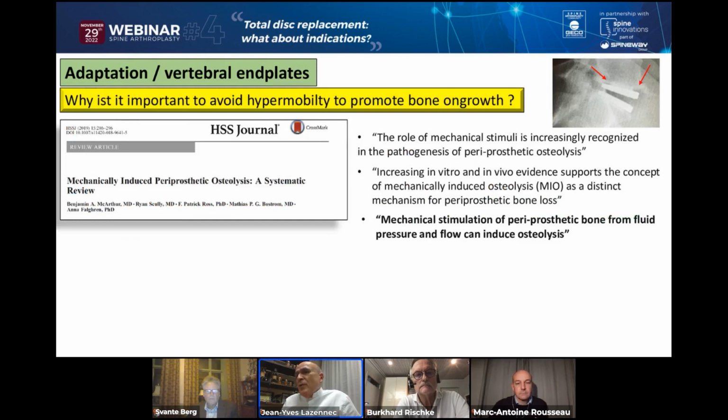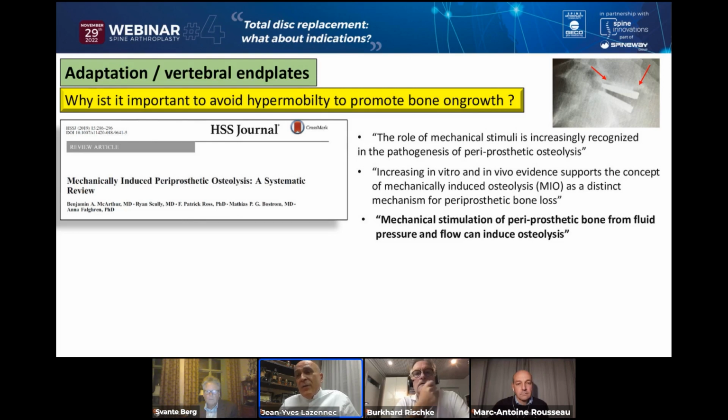So you can say to me, okay, it is theory, but there is a lot of theory about this and a lot of literature. For example, this paper from the HSS journal, the conclusion is mechanical stimulation of periprosthetic bone from fluid pressure and flow can induce osteolysis. What does it mean?